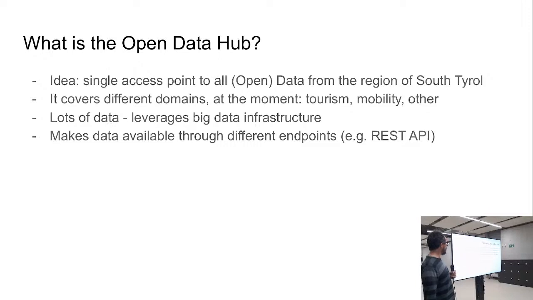It should scale on its own, in a way that if there is more traffic or more accesses, it grows. And it's growing. The Open Data Hub is in the process of embedding new endpoints and new data.